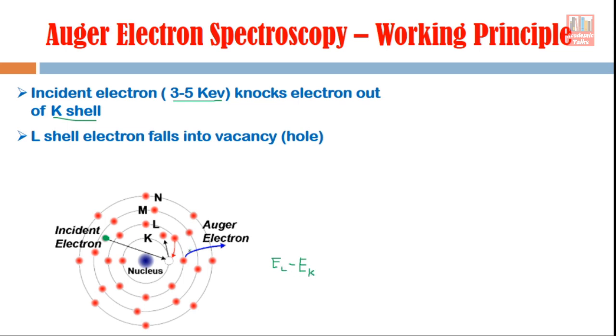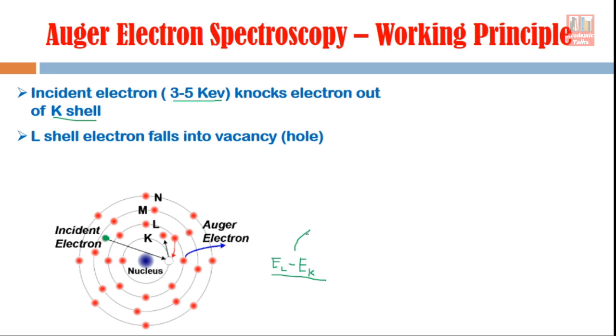EL is the energy of electrons in the L orbit, and EK is the energy in this lower orbit. So this much energy will come out of the system if this transition from the L shell to the K shell takes place. So the L shell electron falls into the vacancy.